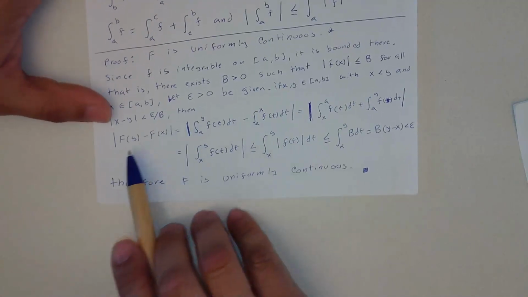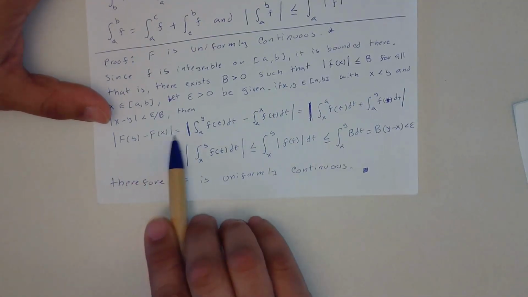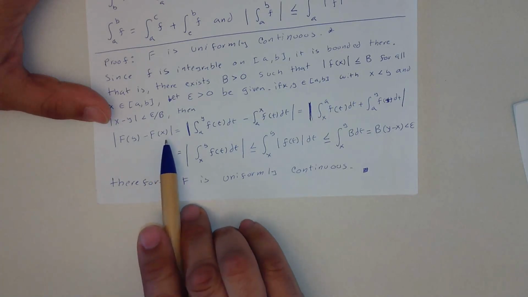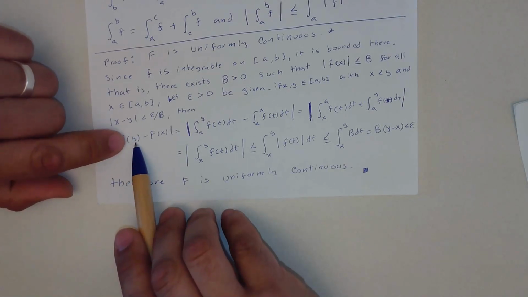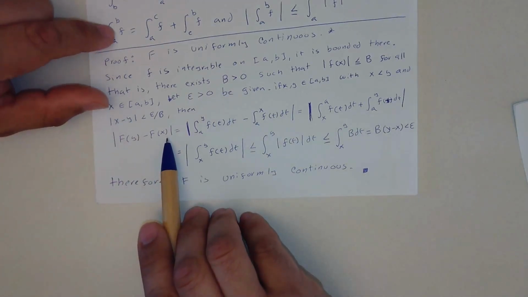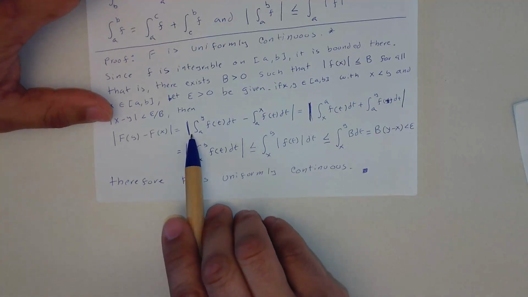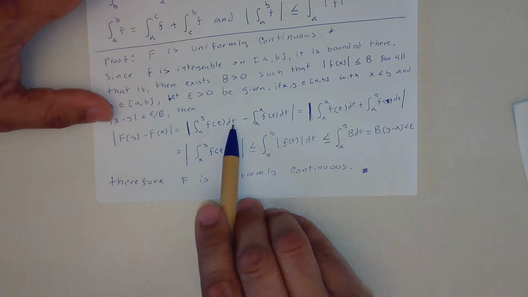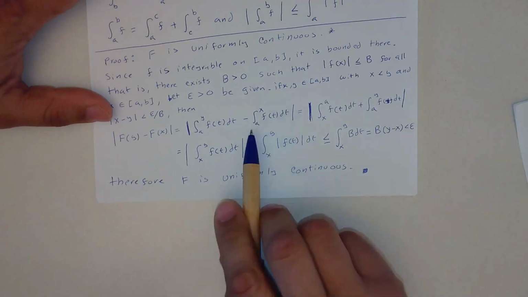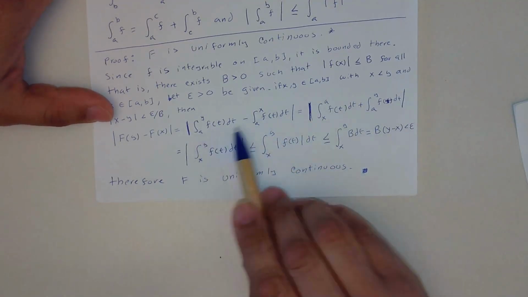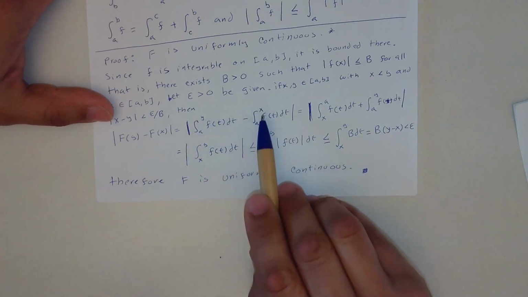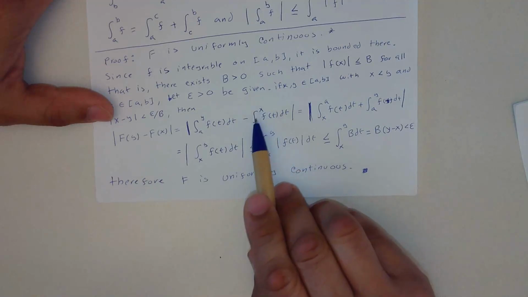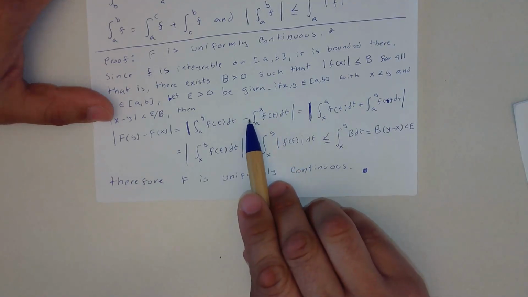Then we have the absolute value of these two functions evaluated, capital F evaluated at y minus capital F evaluated at x, which is equal to, again, the absolute value of its integral representation, right? And here we see that we have the a in both sides. We have x and y that we don't repeat, but we can move this a to the top and change the sign.